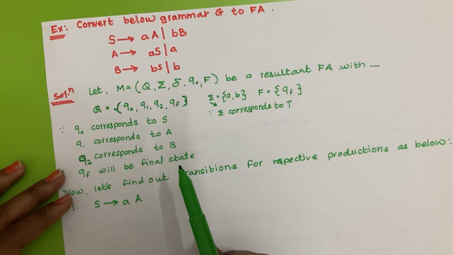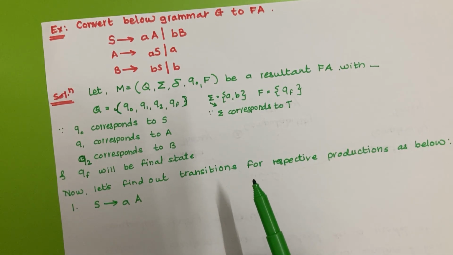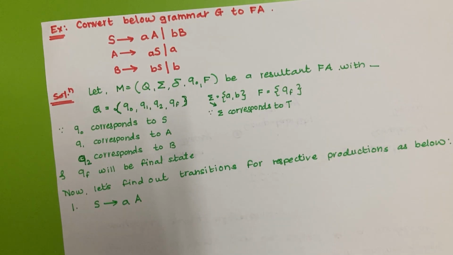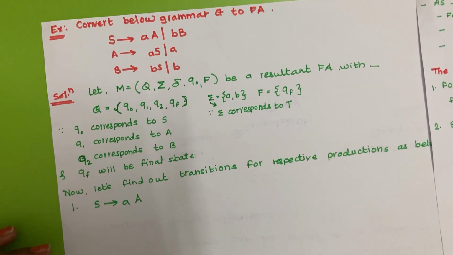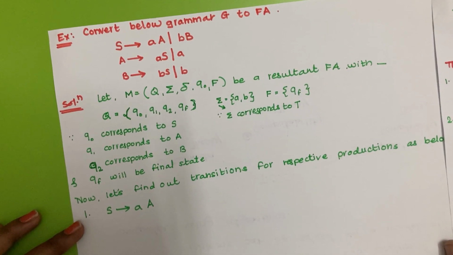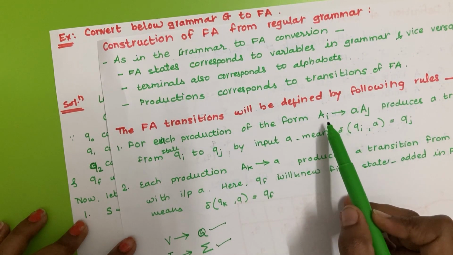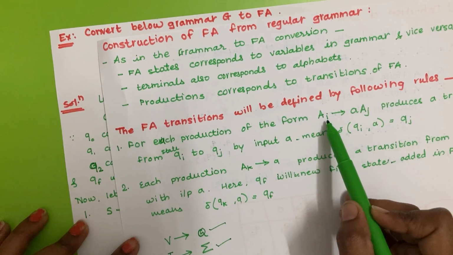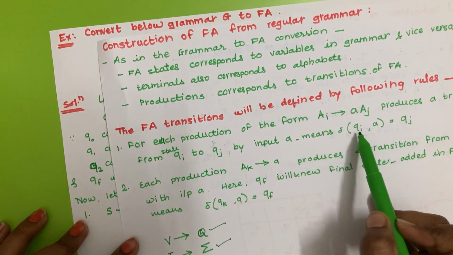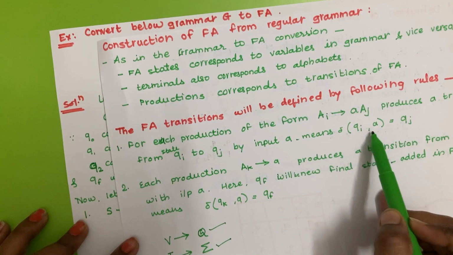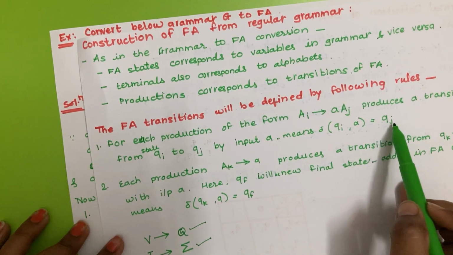We will find it by following the rules of the conversion method. If we have productions of the form Ai → a Aj, that will be converted into δ(qi, a) = qj.